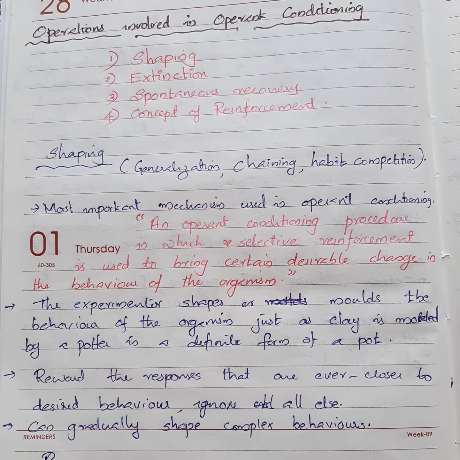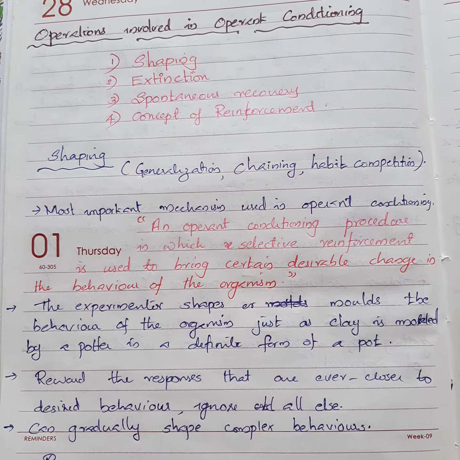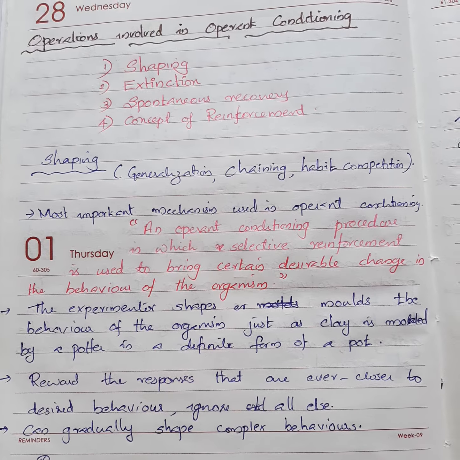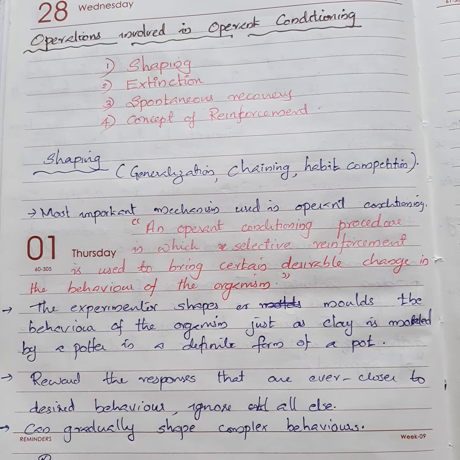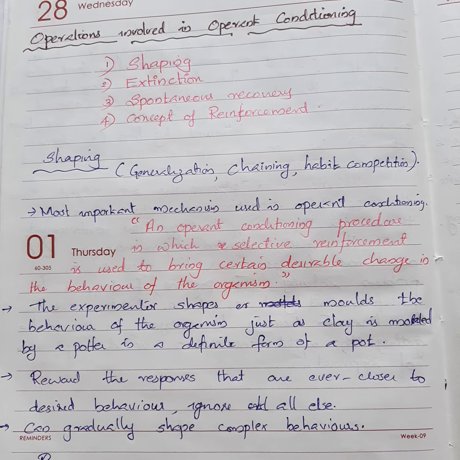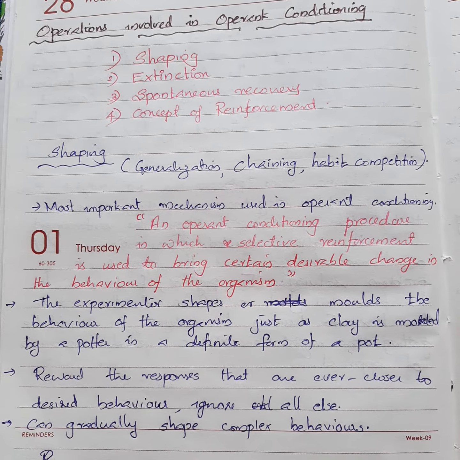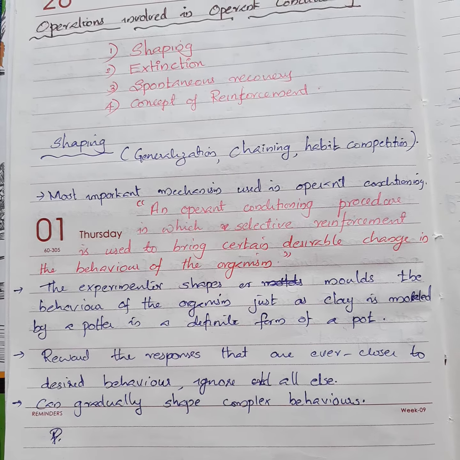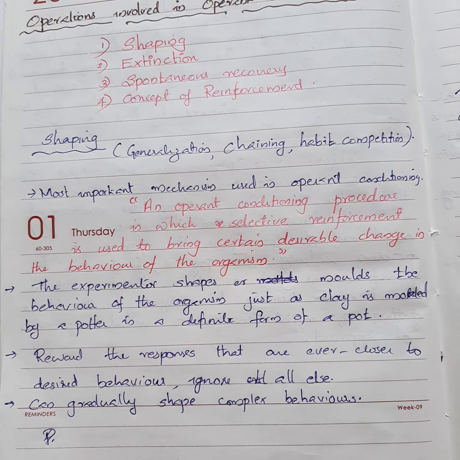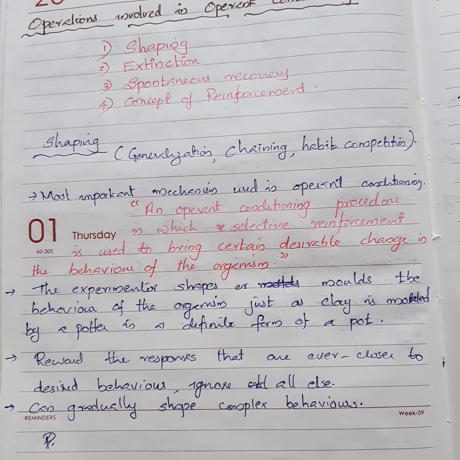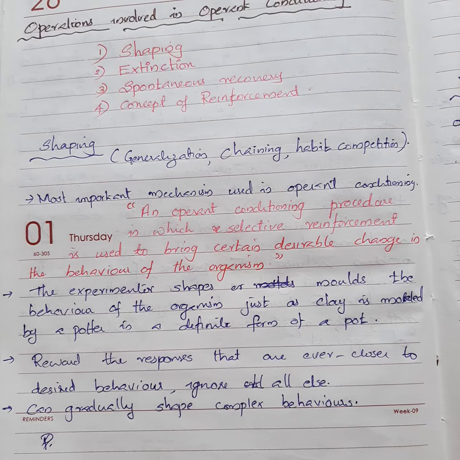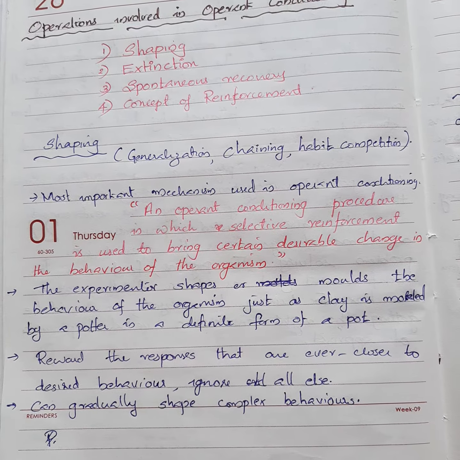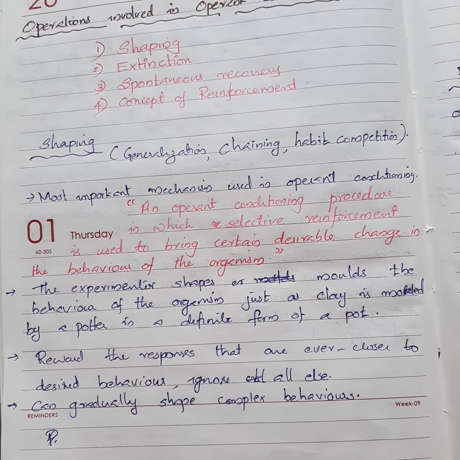Here, the experimenter shapes or molds the behavior of the organism just as clay is molded by a potter into the definite form of a pot. Here we need to reward the responses that are ever closer to the desired behavior, or else we need to ignore that behavior. It will gradually shape the complex behavior.